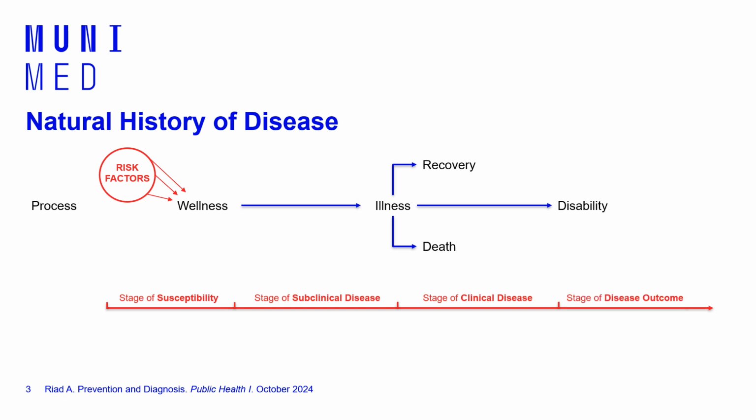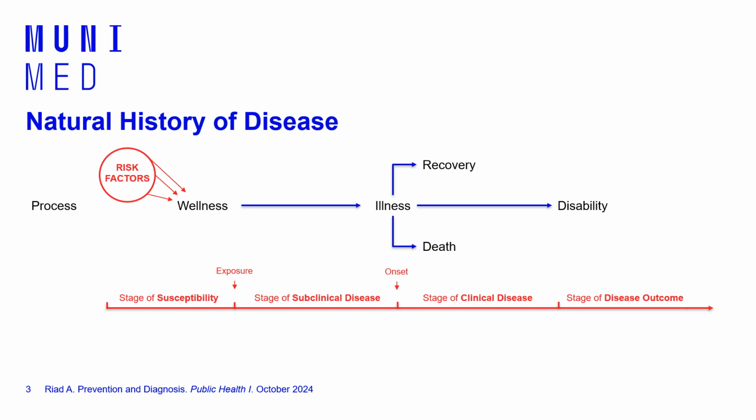Then the clinical disease will lead to a certain outcome that we can probably imagine, like mortality or morbidity or maybe total recovery, and this outcome will be highly dependent on the quality of healthcare and the degree of illness or the invasiveness of the disease. Okay, so these are the 4 stages of disease development.